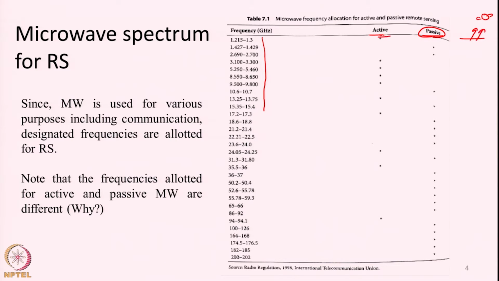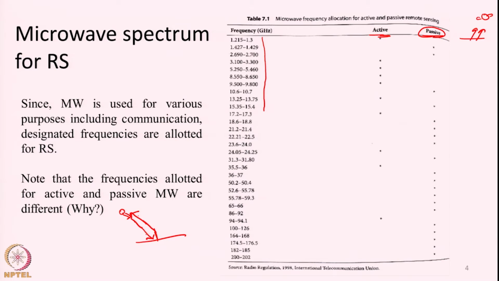There is also an active mode of remote sensing. What exactly is active microwave remote sensing? We will have a sensor known as radar. This will transmit some electromagnetic radiation with a given frequency. This will interact with the earth surface features and be reflected back. This will again reach the sensor, and the sensor will observe it and use it for imaging purposes.